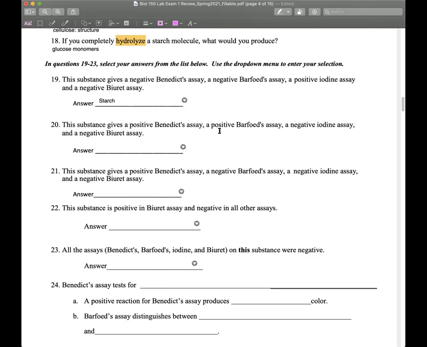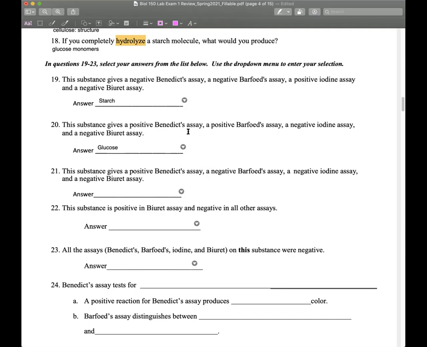So now we have positive Benedict's, positive Barfoed's, negative iodine, negative Biuret. We know it's a carbohydrate of some kind because we got positive Benedict's and positive Barfoed's. Glucose. So it would be glucose. What would the positive Benedict's tell us?